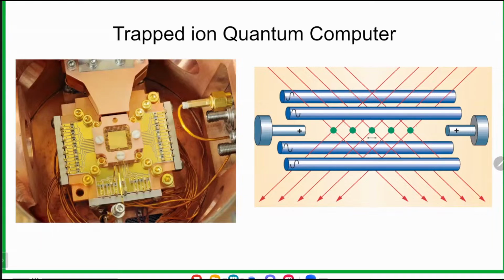These also require very low temperatures, but whereas in the superconducting quantum computer we had to cool the hardware down using a dilution refrigerator down to millikelvin, here lasers do the job for you a lot of the time. So basically lasers cool the atoms down to millikelvin temperatures. You don't necessarily need a dilution refrigerator in order to do this.